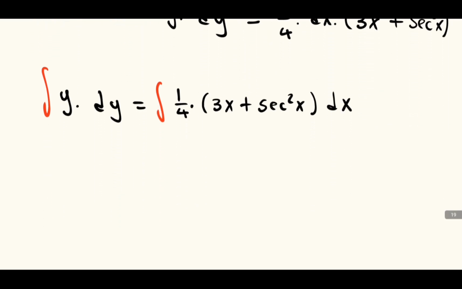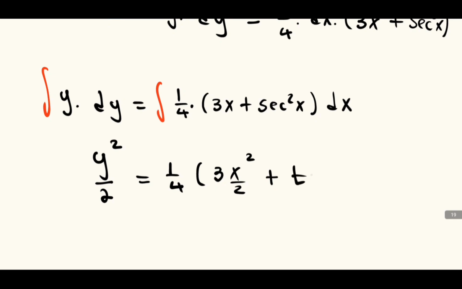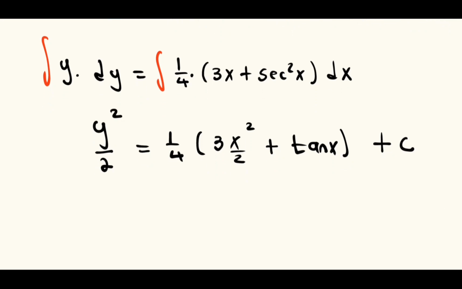The integral of y with respect to y will be equal to y squared divided by 2. The integral of 3x is equal to 3x squared divided by 2. The integral of sec squared x is equal to tan x plus c.